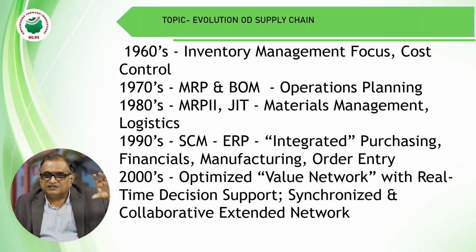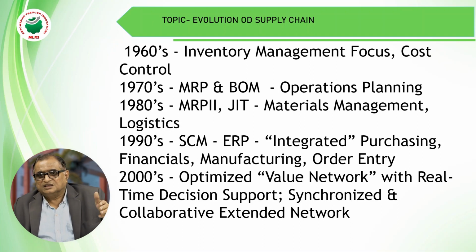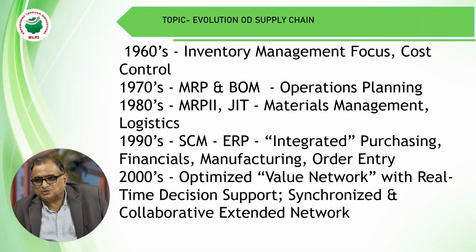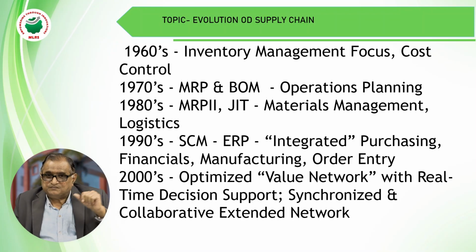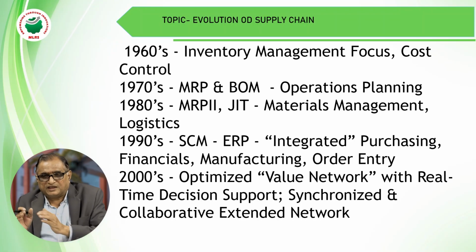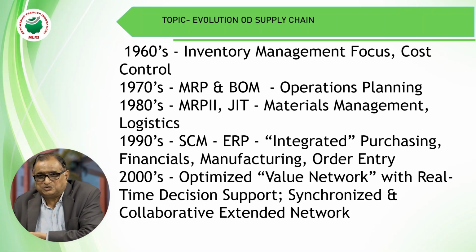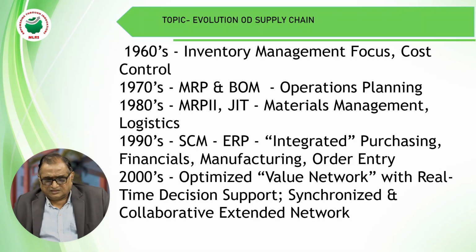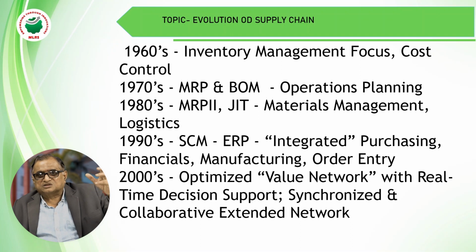In the earlier days, we concentrated on inventory money, how much cost it incurs. If a material has been lying for about 2 months, I need to pay rent for the place it occupies. So rather than paying rent, I'll try to push the inventory into the market. This is the push market I mentioned earlier. Whatever we manufactured and stacked, we tried to push it. Then cost control, how to control inventory cost.